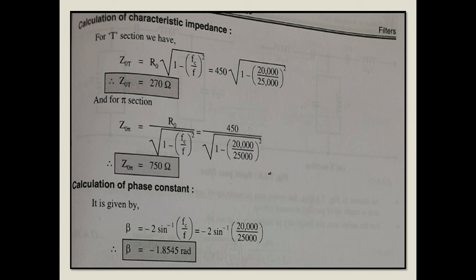In case of the characteristic impedance, it is not specifically mentioned to calculate the characteristic impedance for the T section or pi section. But in general, if the statement says so in a problem statement, then it is necessary to find out the characteristic impedance for both the sections, T section as well as pi section.